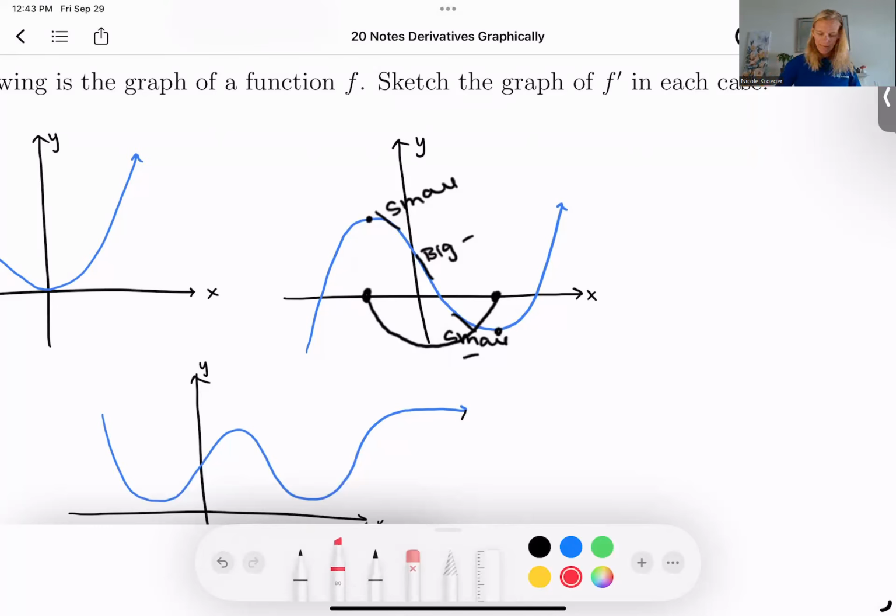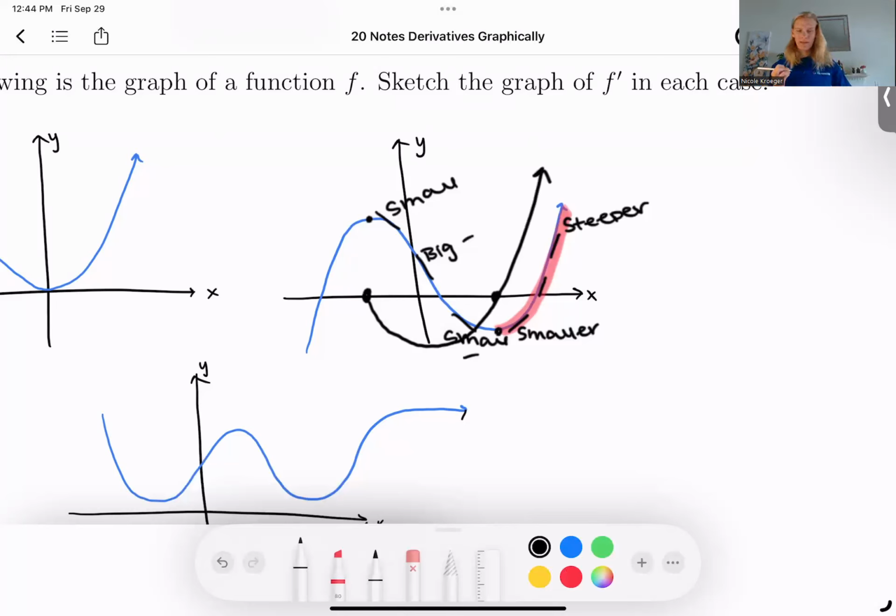Now if I look over here and draw the slopes of my tangent lines, I have positive slopes. Each of those little line segments I just drew has a positive slope. These are smaller slopes, not as steep, and the slopes get steeper, or bigger numbers, as we keep going. So we want positive numbers that just keep getting bigger.